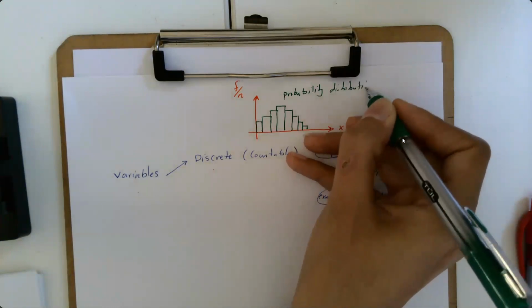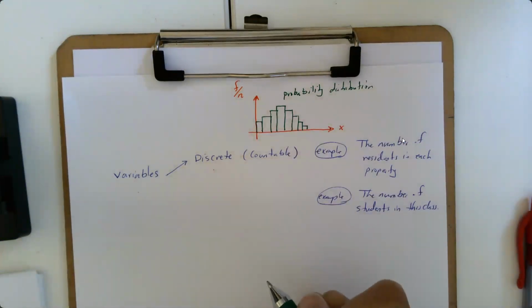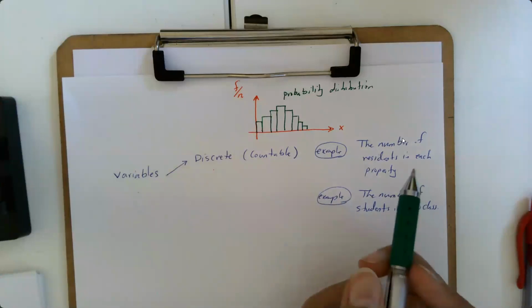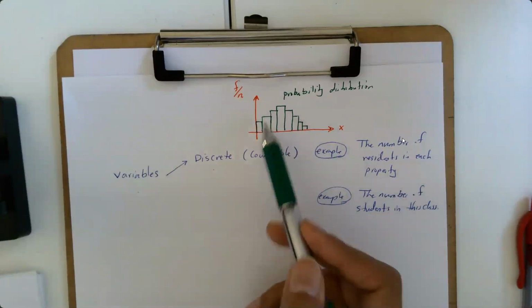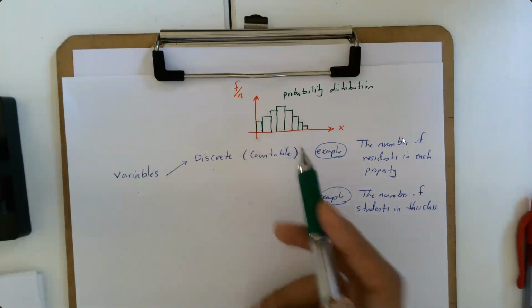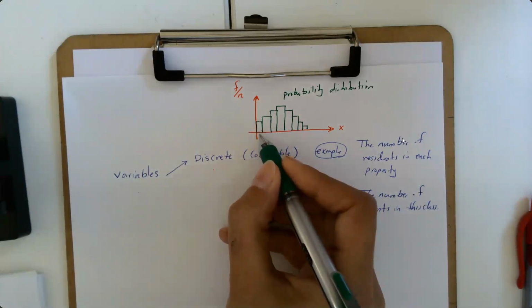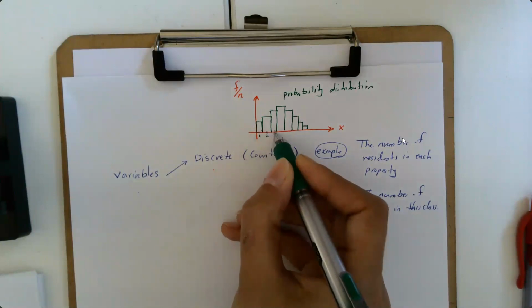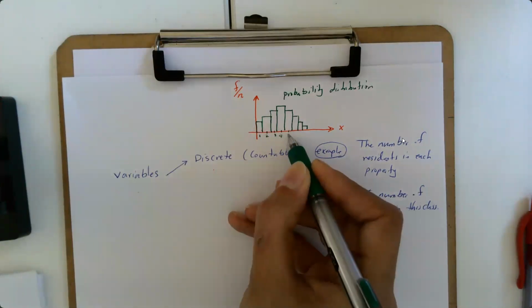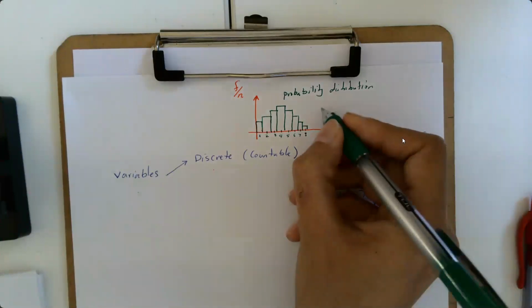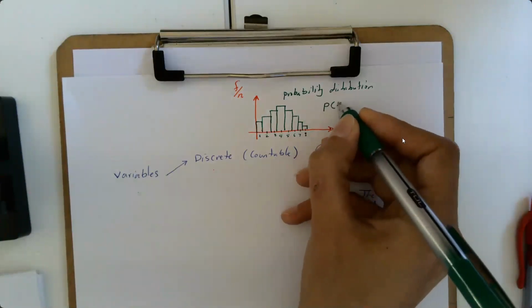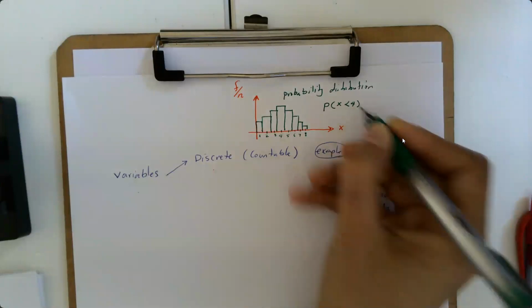Then what else did we learn? We learned that, based on the question, we can find different probabilities. For example, if we have x equals 1, 2, 3, 4, 5, 6, 7, 8, we can find the probability that x is less than 4.